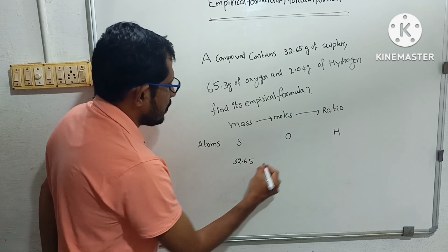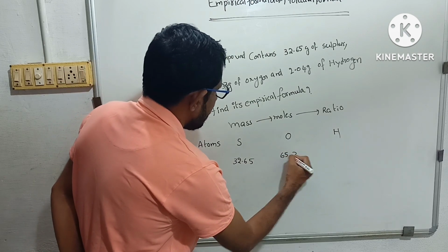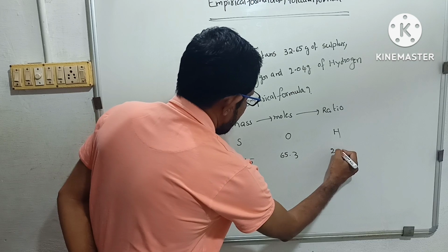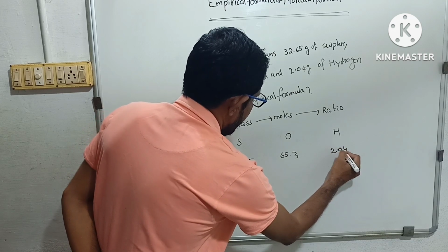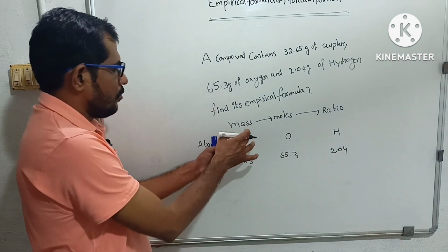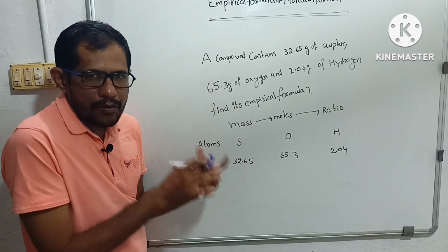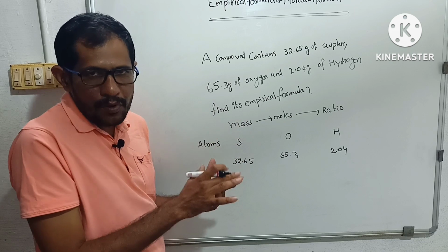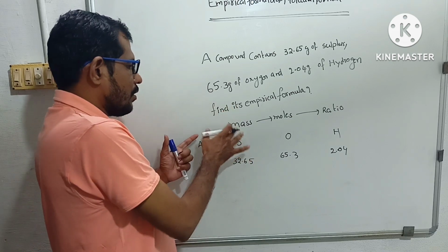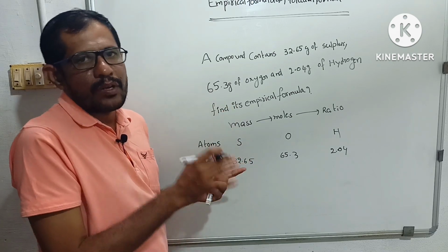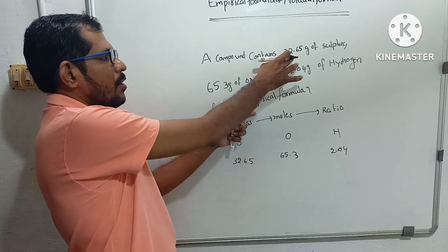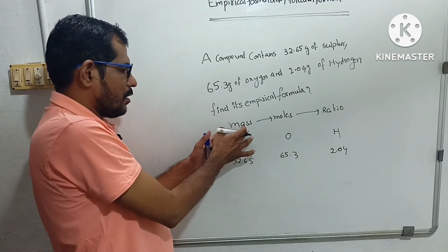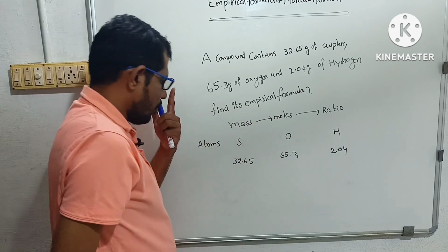Oxygen? 65.3. Hydrogen? 2.04. So to find the empirical formula from the given masses, we need to first convert mass to moles.